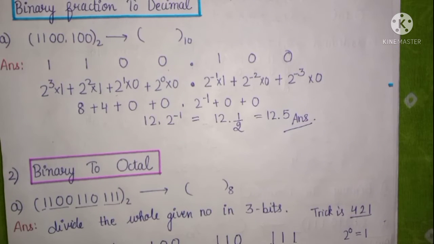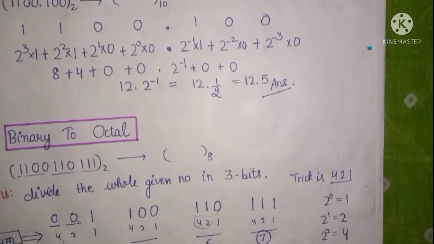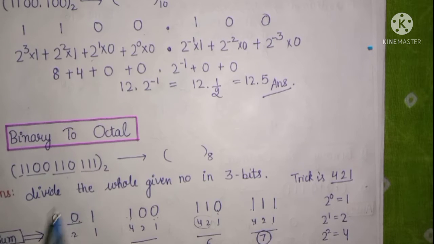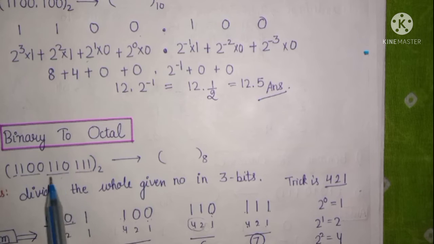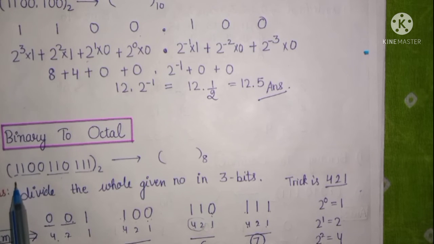So I will repeat this again. You first have to divide the whole number into 3 bits, starting from the last: 111, then 110, 100. At the last only 1 is remaining, so we add 00 in front of the 1.